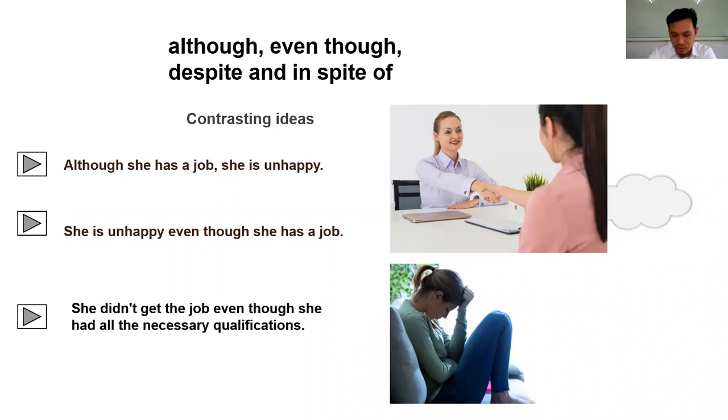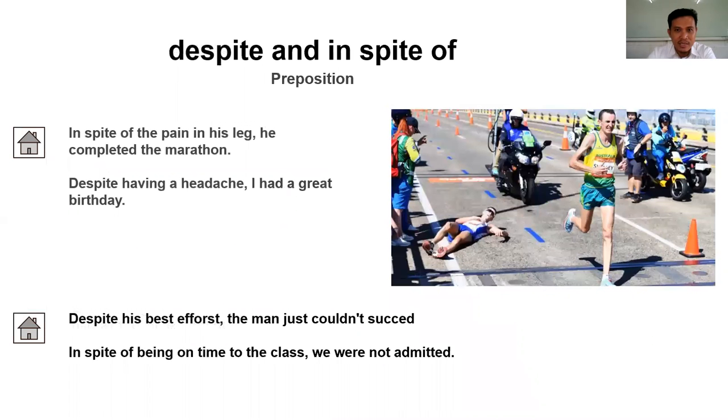Now we are going to continue to the next, using "despite" and "in spite of." Okay, look at this one: "In spite of the pain in his leg, he completed the marathon." So here we are using "in spite of."